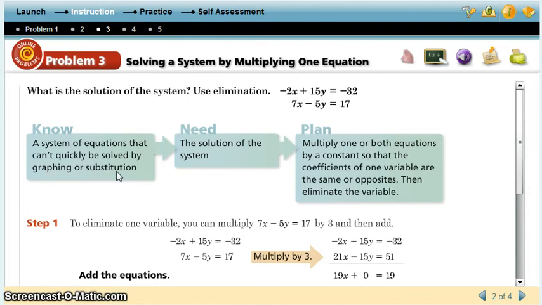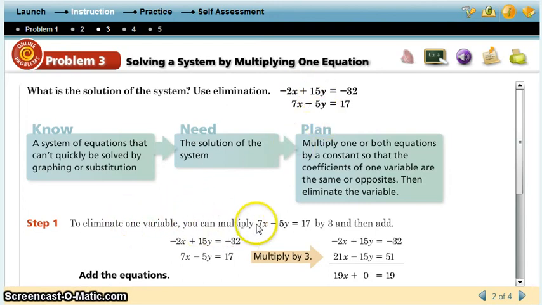In this case, we're going to use elimination, but we can't immediately jump into elimination. What we've got to do in our plan here is multiply one or both, in this case just one, of the equations by a constant so that our coefficients are the same or opposites. Ours are going to be opposites because one's positive and one's negative, but the number itself will be the same.